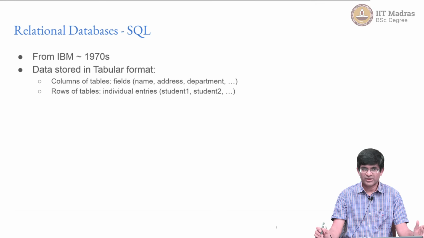Data is just stored in tabular format, but it has a very rigorous mathematical theory around it, which basically talks about how the data should be stored, what kind of keys should be used, how you can express relationships and so on, okay? And it uses the basic idea exactly like we did in the spreadsheet. Columns correspond to fields in a table and rows correspond to individual entries, okay?